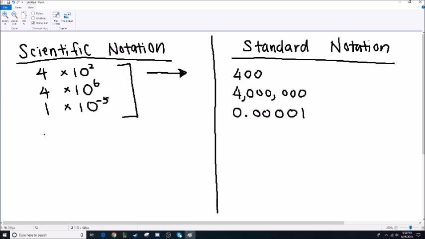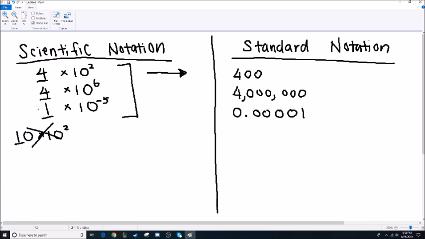Usually in scientific notation, you're going to see your number in the ones place. So if you ever see something like 10 times 10 to the second power, this is wrong. This is incorrect, because you have a number in the tens place, and you cannot have that.